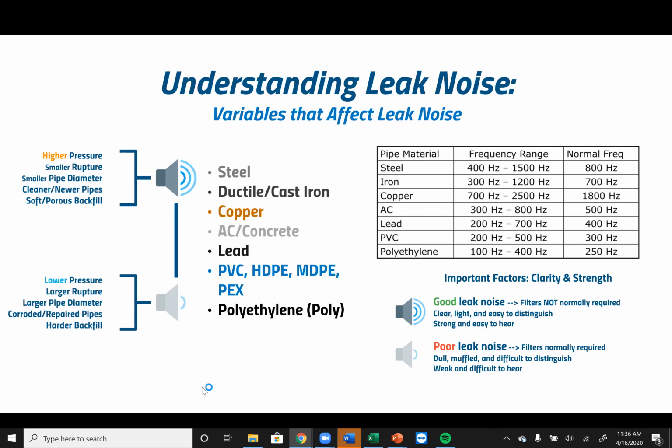So if you are out doing leak detection on a piece of PVC, you can dial down your filter window to the lower end of the hertz range, because you know that PVC is going to generate that lower hertz rumble sound. Good question. I hope I answered it.